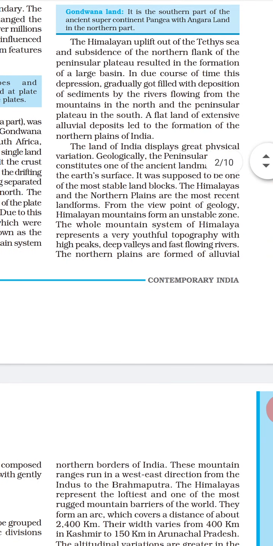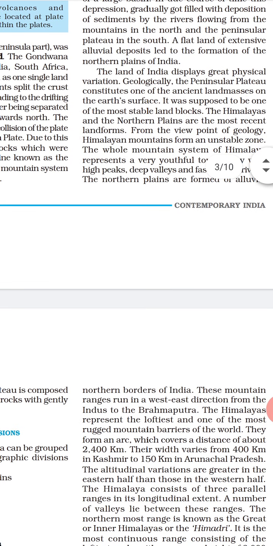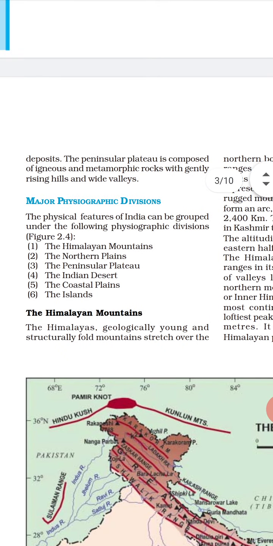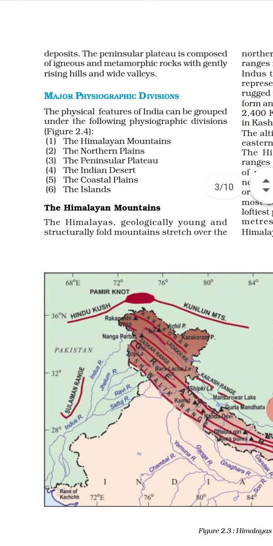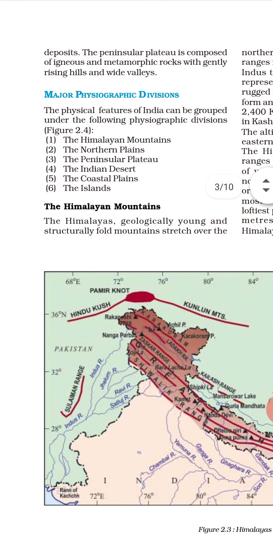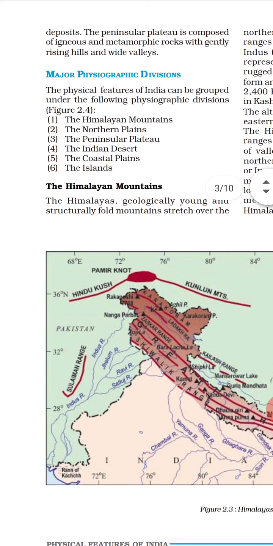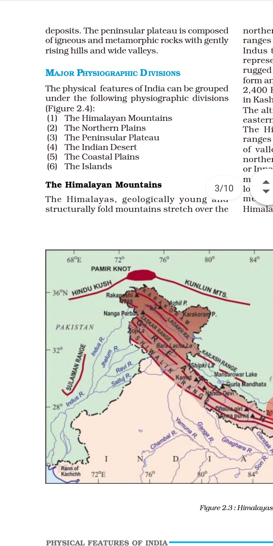Now, according to different geological age and different processes, India has different types of geographic divisions. Let's start with that. The physical features of India can be classified under the following physiographic divisions.